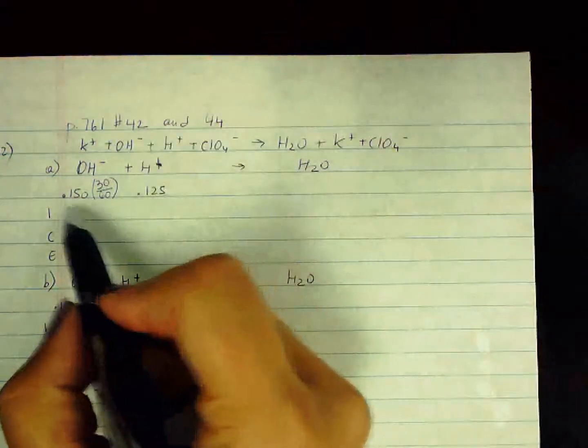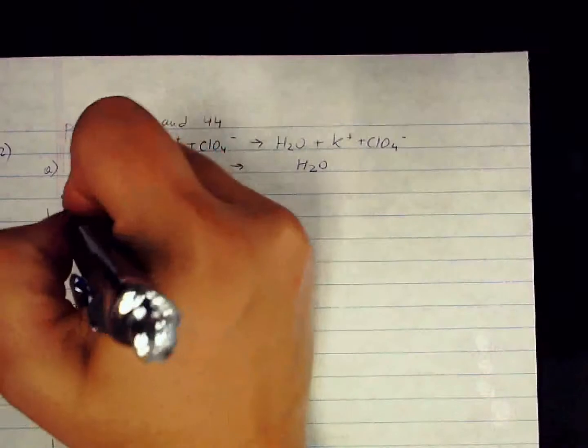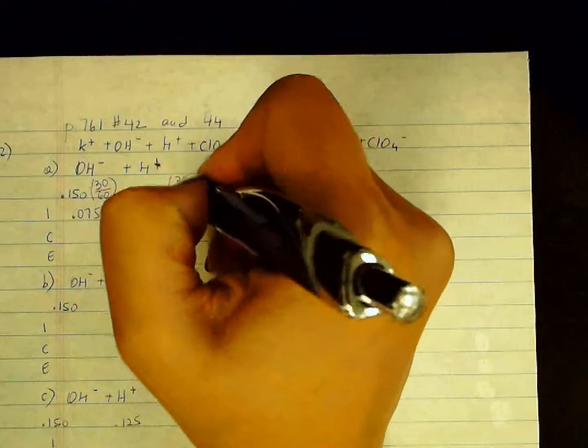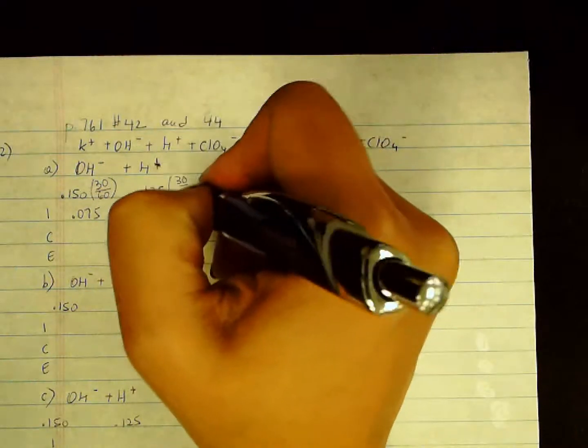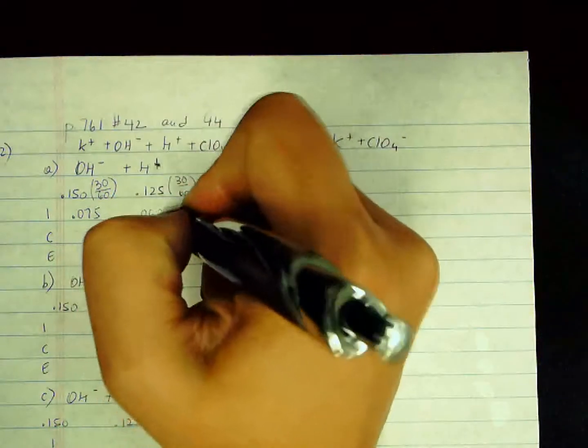So your initial concentration of hydroxide really isn't 0.150, it's really half that, and half that happens to be 0.075. So that's really your initial hydroxide concentration. In terms of your hydrogen ion, you would do the same thing. Your original molarity really isn't 0.125, it's really half that, or 0.0625.